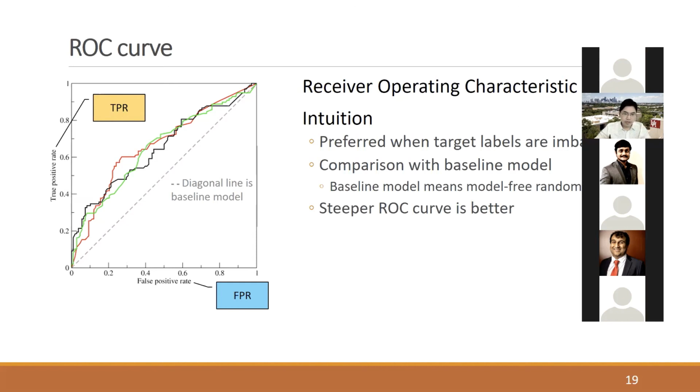ROC curve is useful also because of the area under the curve measure of the model evaluation, which is one of the popular measures used to judge the competition winner. So the 3 lines here are 3 models being evaluated, and there's a 4th line, which is a diagonal line. The diagonal line goes this way instead of that way because the x-axis is on the bottom. This line refers to a baseline model.